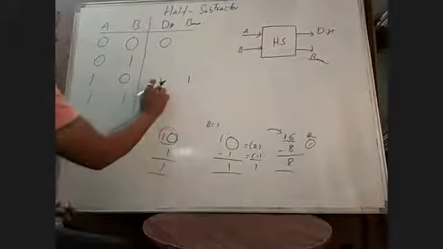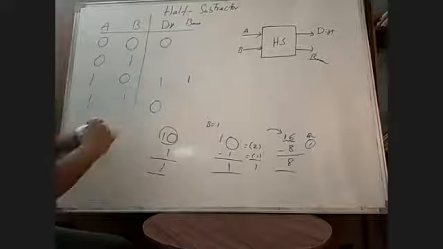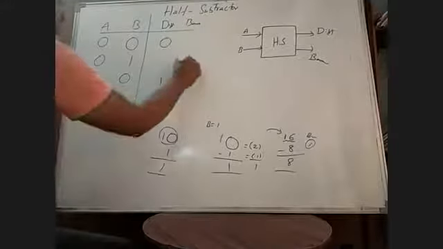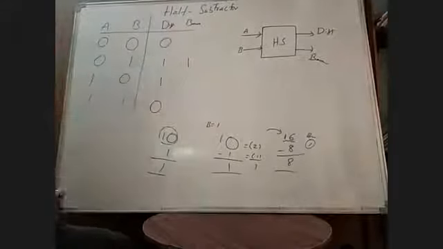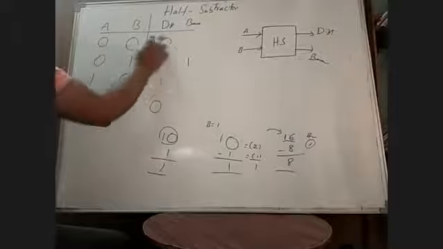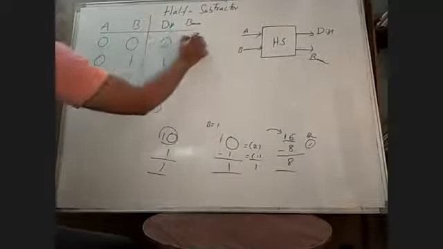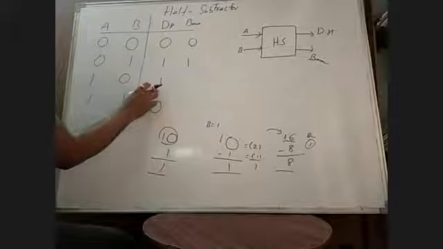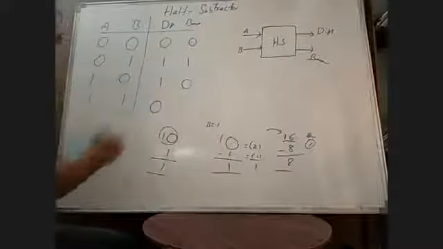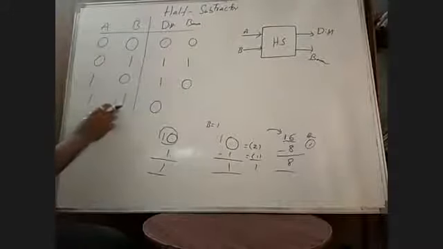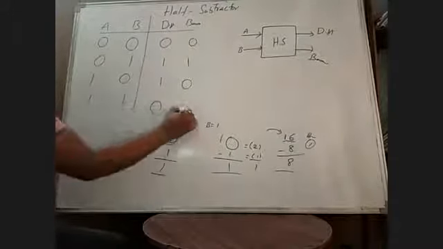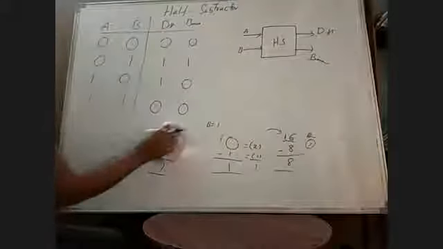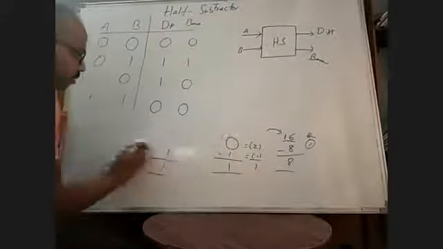Therefore, the borrow is 1 and the difference is 1. For the remaining conditions: 0 0, difference 0, there is no requirement of borrow, borrow is 0. 1 0, the difference is 1, no requirement of borrow, borrow is 0. 1 1, 1 minus 1 is 0, no requirement of borrow, therefore it is 0.